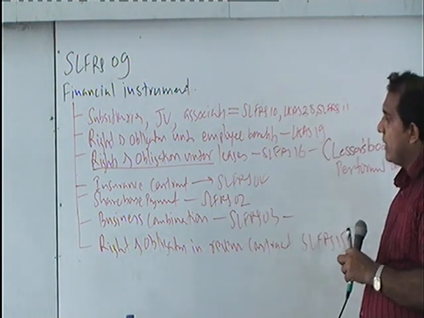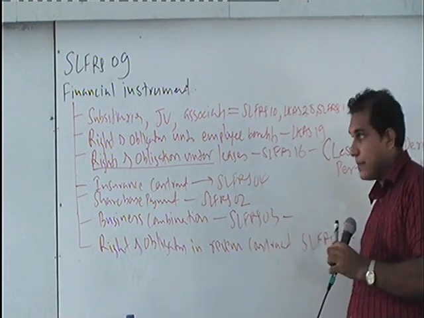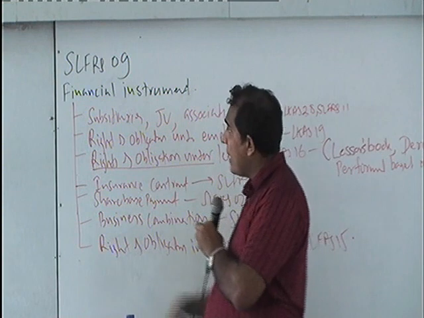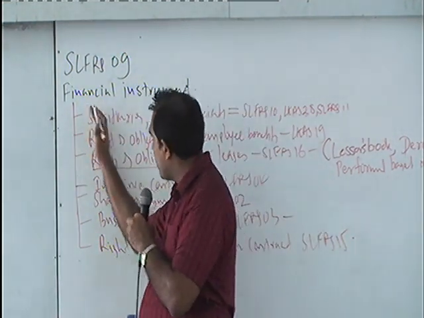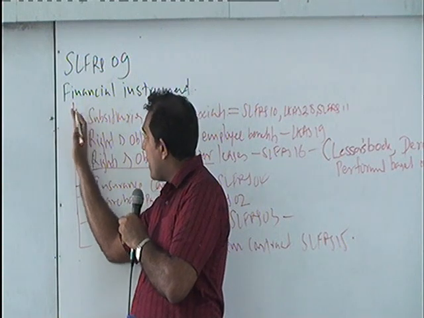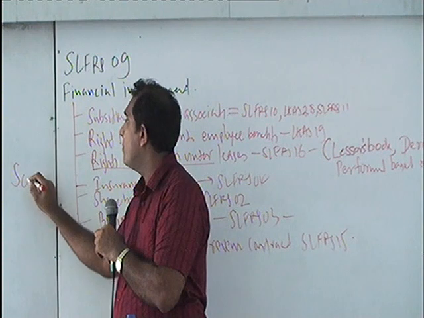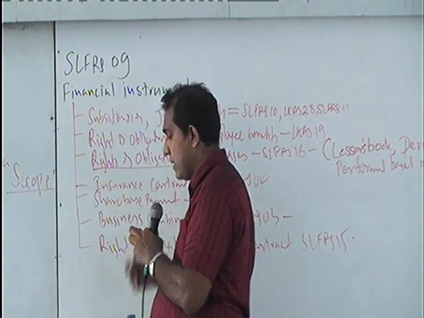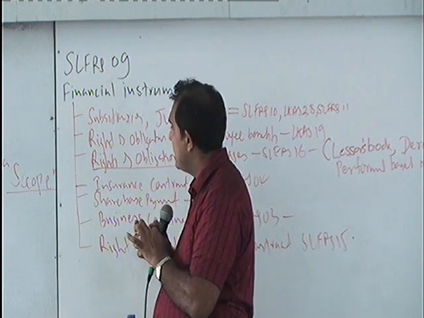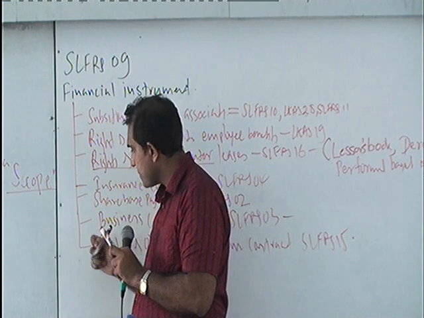Now almost all items we have listed. Without these items, these are out of the scope. That's why we have used red color.